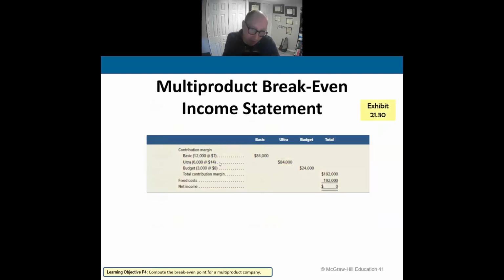It's an interesting method. Sales price times number of haircuts gives you the total contribution margin for each type of haircut, and of course, as long as our total contribution margin equals our total fixed costs, we have broken even.